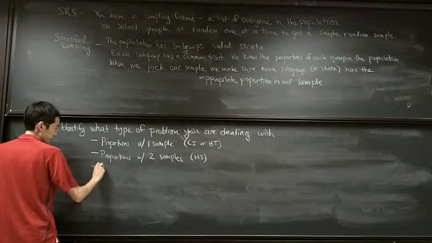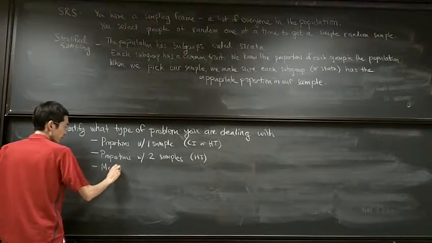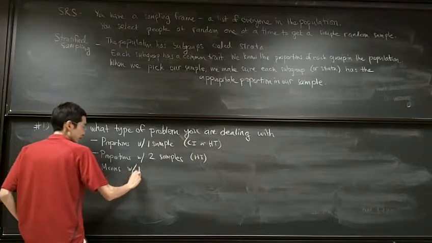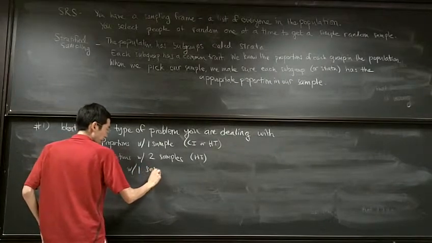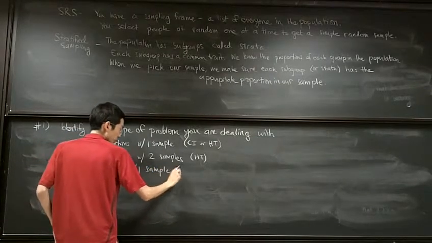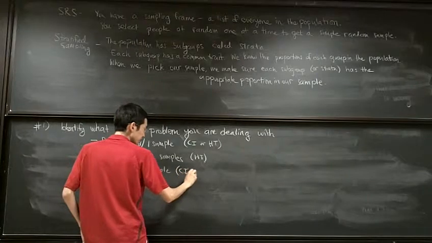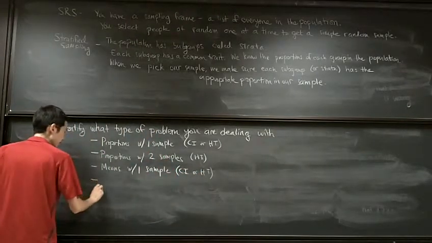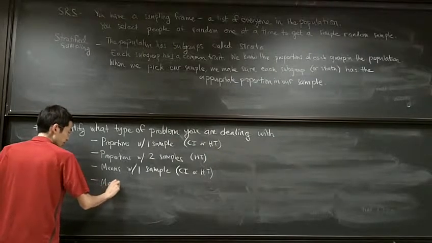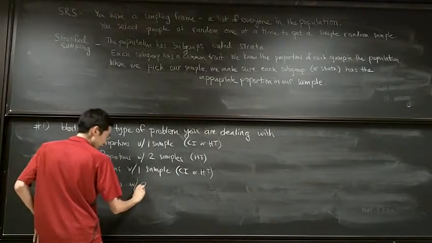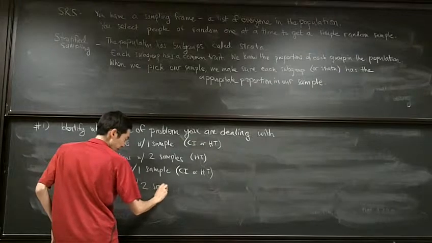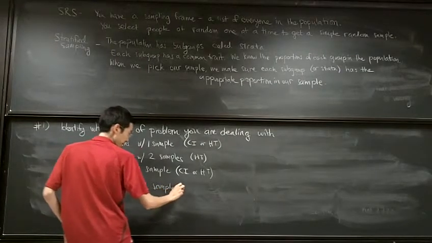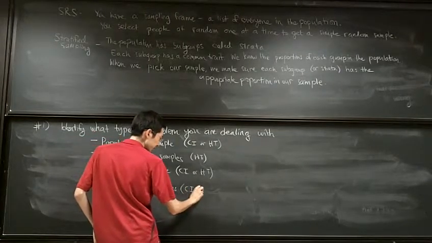Then you have problems dealing with means with 1 sample. That's going to be a confidence interval or hypothesis test. And then you have problems dealing with means with 2 samples. Again, you can have a confidence interval or a hypothesis test.